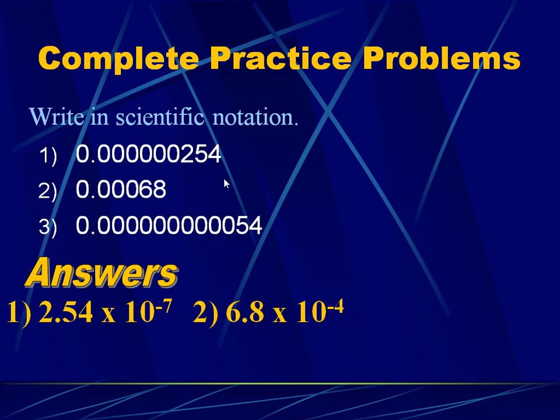So this one should be 6.8 times 10 to the negative fourth. And the last one, that's a lot of zeros. So the correct answer should be, good job, 5.4 times 10 to the negative 11th. And that is the end of our review of scientific notation.